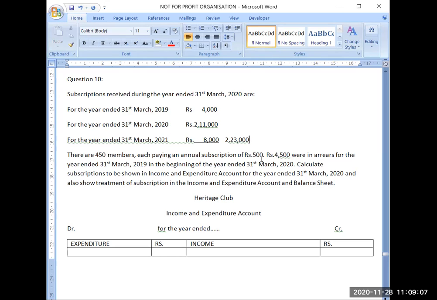In the beginning of the year ended 31st March 2020. Calculate subscriptions to be shown in income and expenditure account for the year ended 31st March 2020, and also show the treatment of subscription in the income and expenditure account and balance sheet.